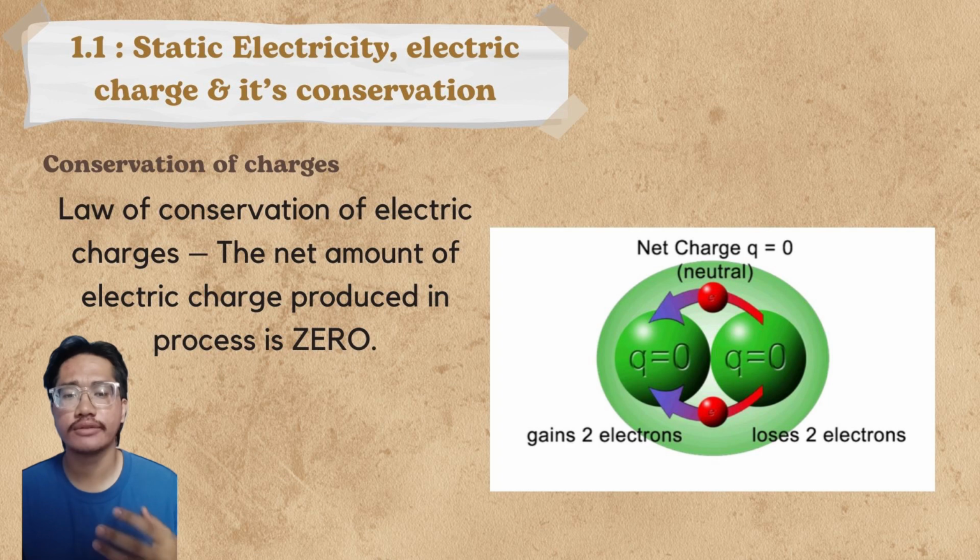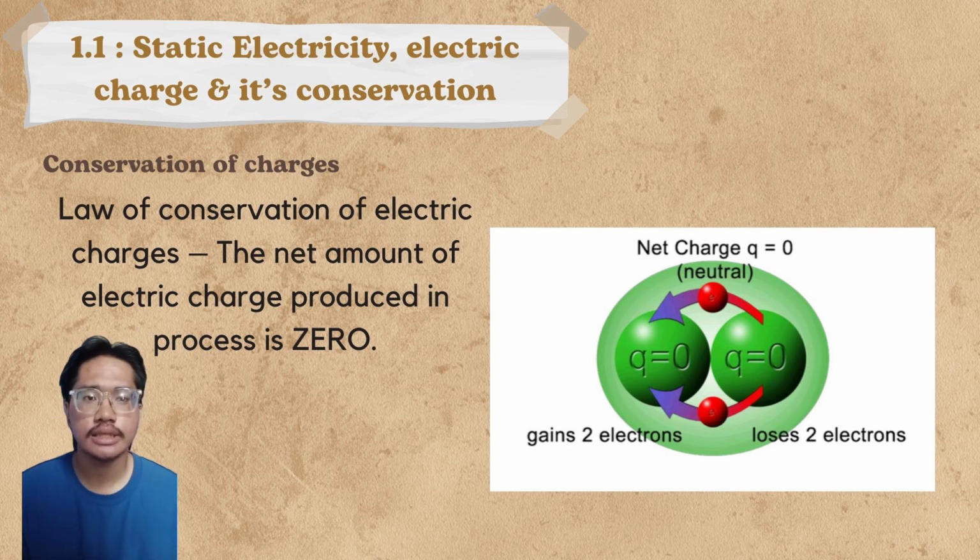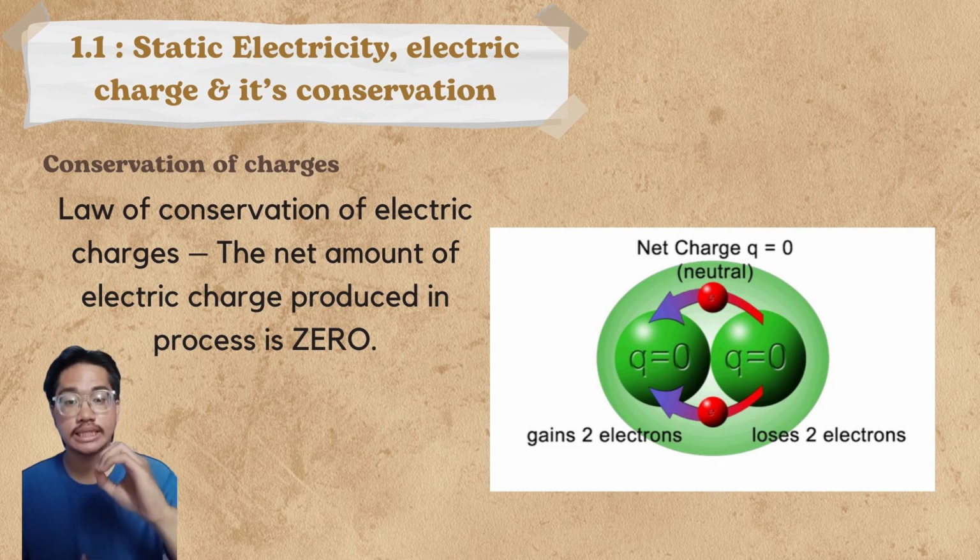Now we go to the conservation of charge. The law of conservation of charge says the net amount of electric charge produced in a process is zero.